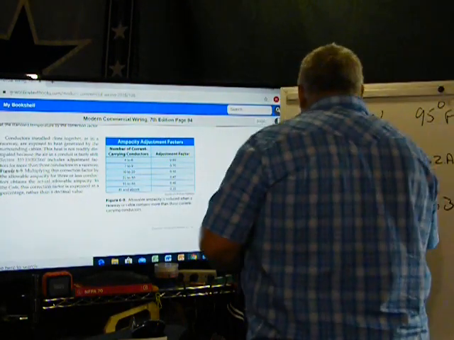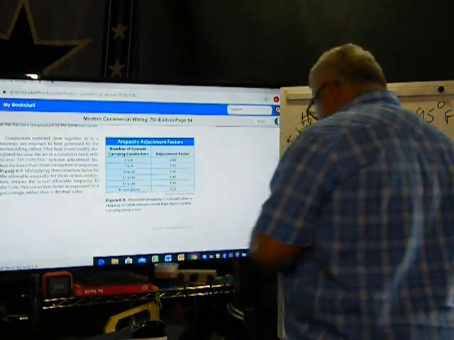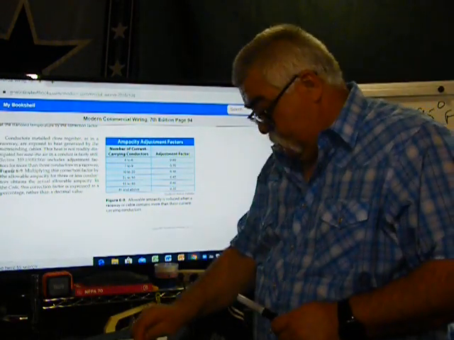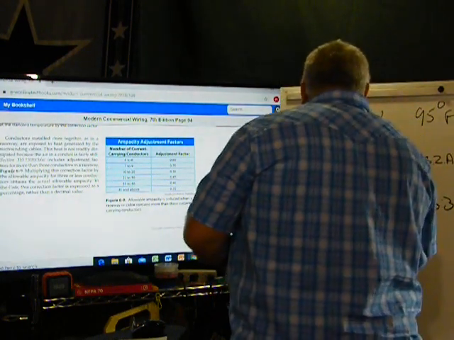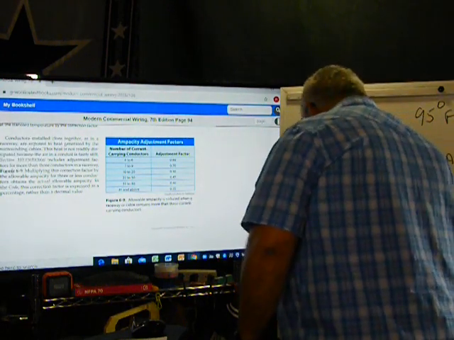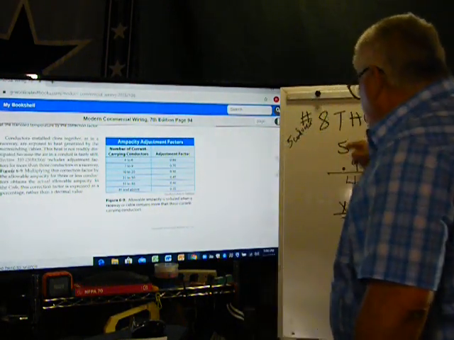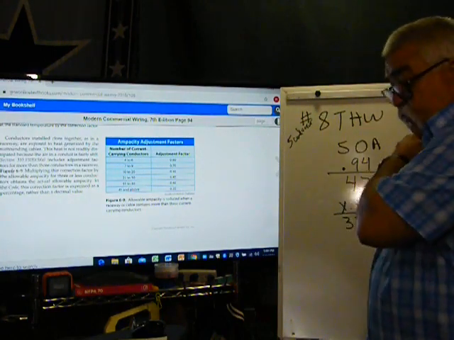So I want to multiply it by 0.80, times 0.80. So the maximum ampacity of the number 8 wire is 37.6 amps.